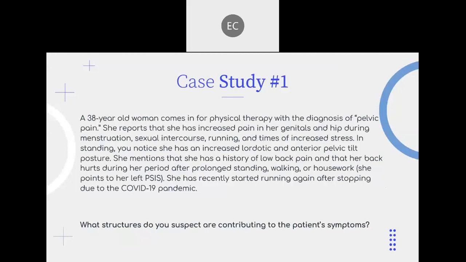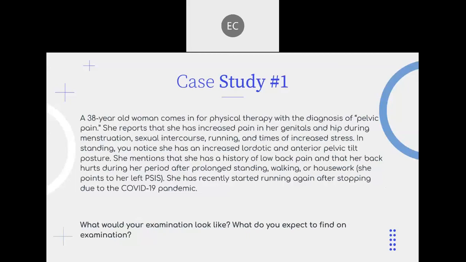Lordotic and anterior posture, anything that would be contributing to that? Decreased core control, good. Okay, anything else? Yeah, pelvic floor. Right, so pelvic floor, abdominal muscles possibly, maybe hamstrings or erector spinae for that posture, glute max, glute med, SI joints, and she did point to the PSIS.